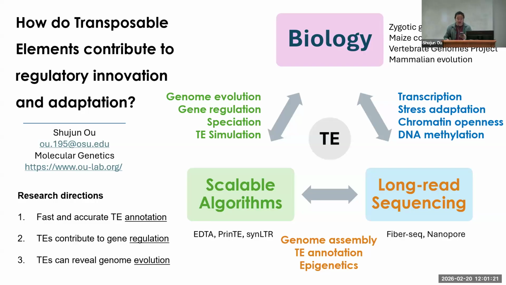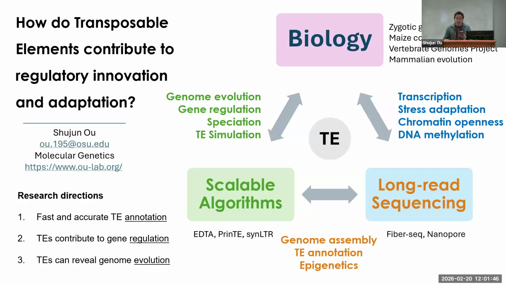It's my distinct pleasure to introduce our speaker today, Dr. Shujun Ou from the Department of Molecular Genetics at The Ohio State University. Dr. Ou earned his PhD from Michigan State University and completed his postdoctoral training at Iowa State University and Johns Hopkins University. His research sits at the intersection of plant genomics and biomechanics.